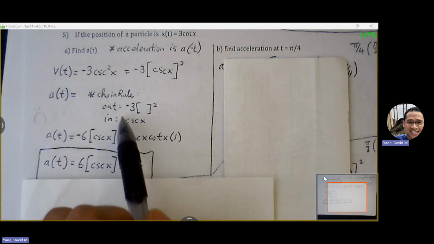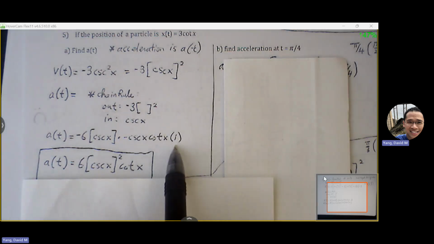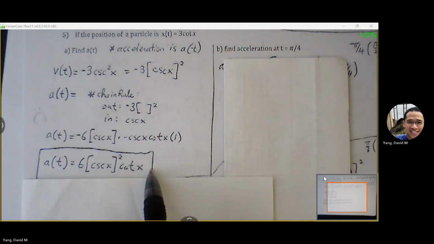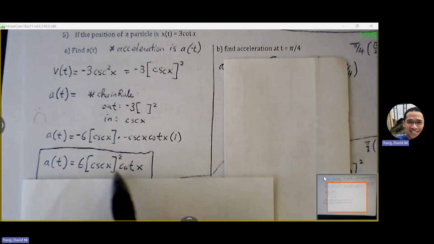That's my outside derivative. Cosecant's derivative is negative cosecant x cotangent x times 1. Here's my cleaned up acceleration. And now my next step is plugging pi over 4 in for all the x's.